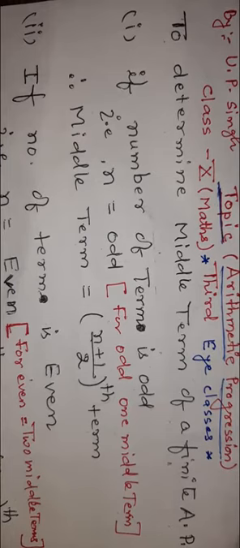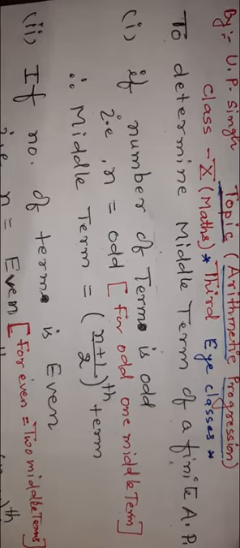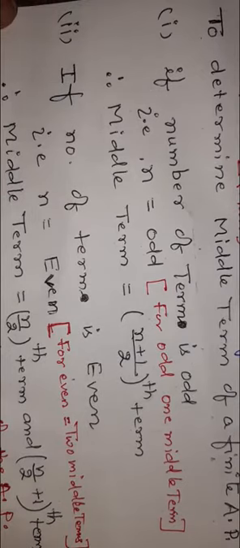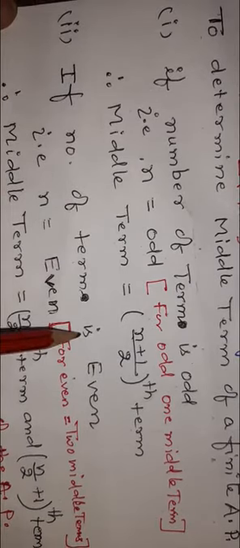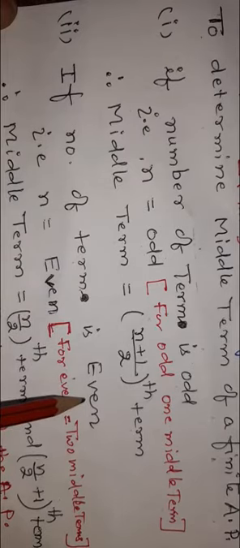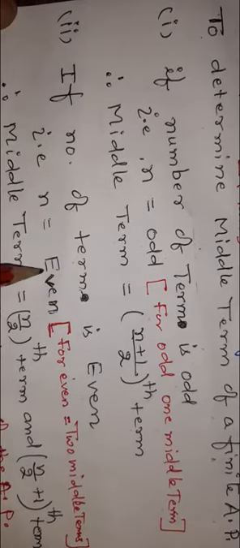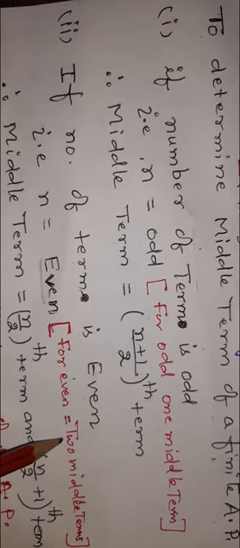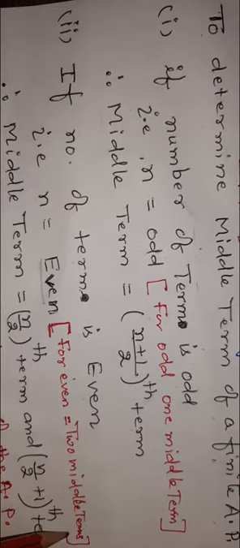But when, student, n is given as an even number, here if the number of terms is even, that is n is equal to even number, then there will be two middle terms. For even, how many middle terms? Two middle terms.